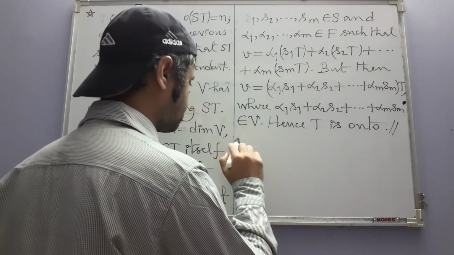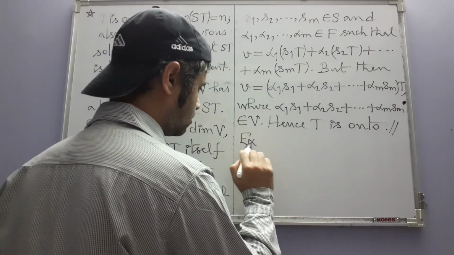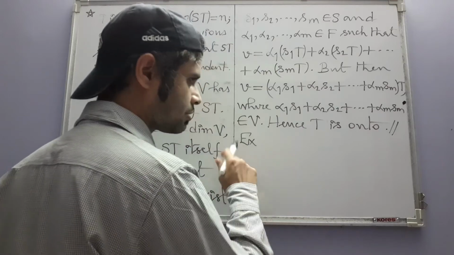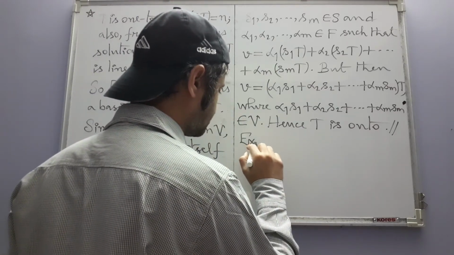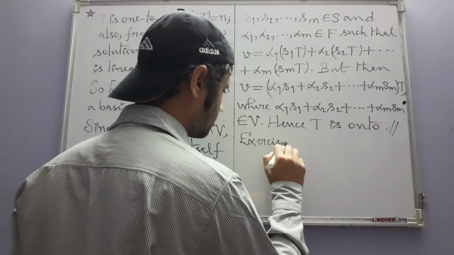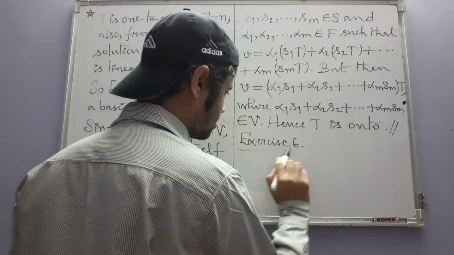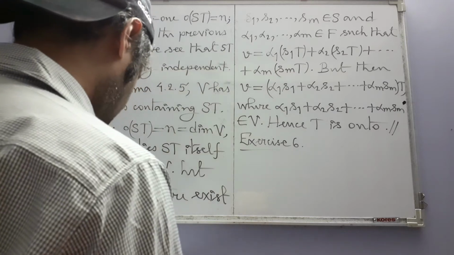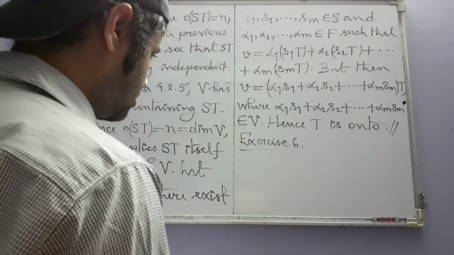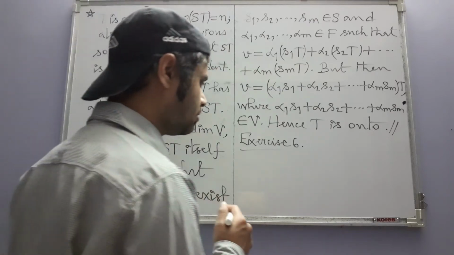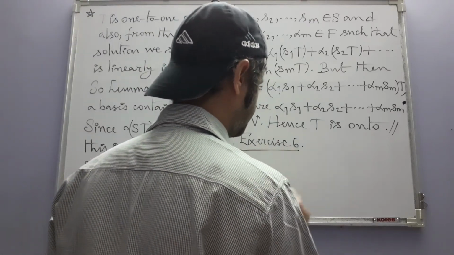And its other version, the exercise complementary to this, is exercise 6. If V is finite dimensional and T is a homomorphism, now it is given that T is onto, we need to prove that it is one-to-one.